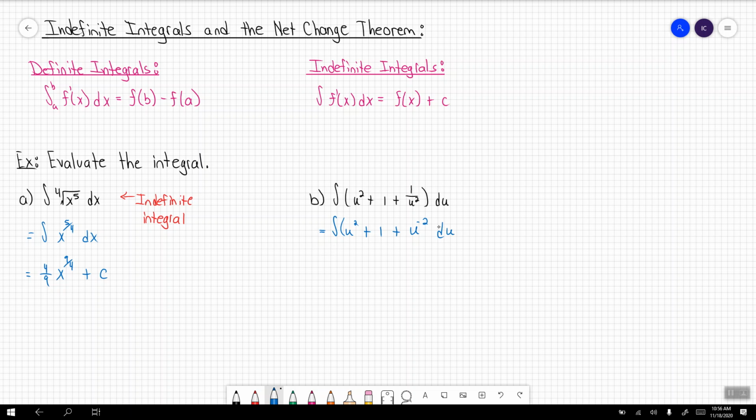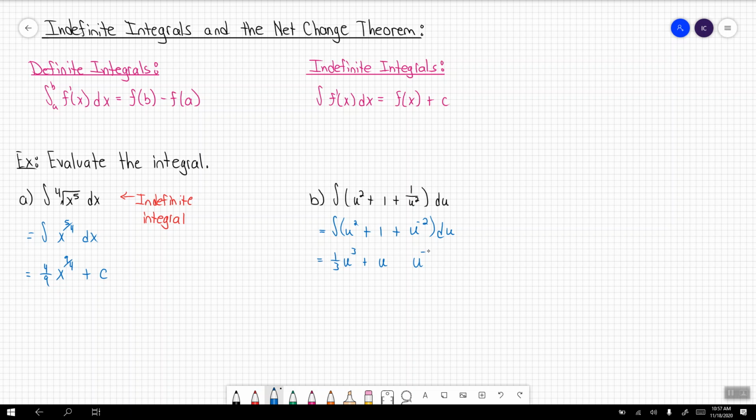Now I just do a term-by-term integration. Integral of u squared, well, I add 1 to the exponent, multiply by the reciprocal. The integral of 1 with respect to du is going to be u. Add 1 to the exponent for u to the power of -2.